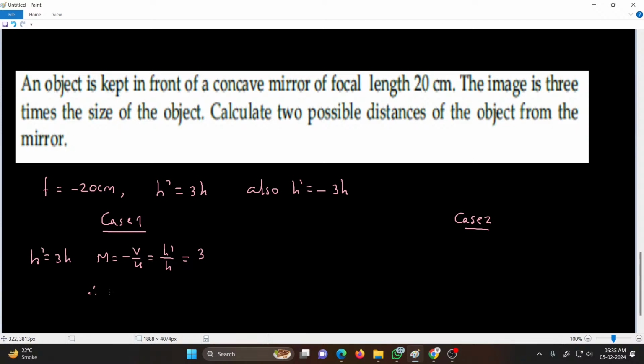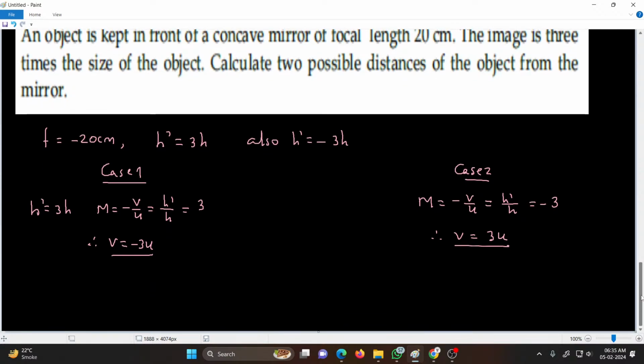So you get V is equal to minus 3U. Second case, m is equal to minus v by u equal to h dash upon h, and here h dash upon h is minus 3. So in that case you get v is equal to 3u. So these are the two cases, and then you can solve accordingly.